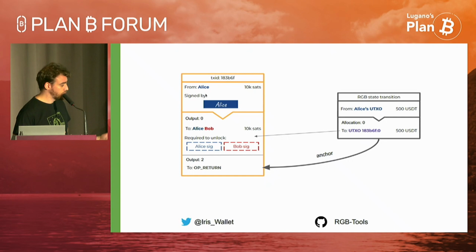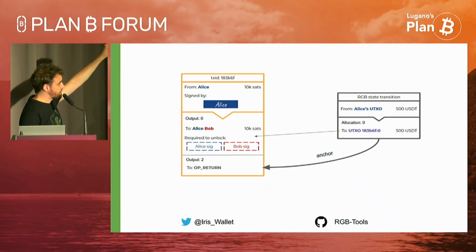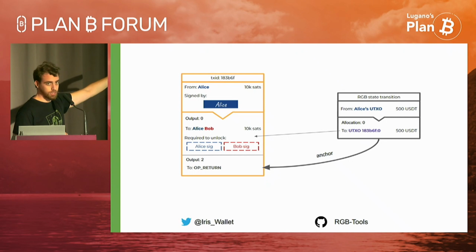So in this case, the UTXO of Alice. And we create a state transition that says, okay, those 500 USDT that first were allocated to the UTXO of Alice will now move to the multi-sig UTXO of Alice and Bob. So from now on, this 500 USDT can only be moved if Alice and Bob cosign.